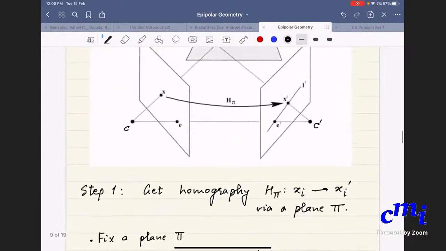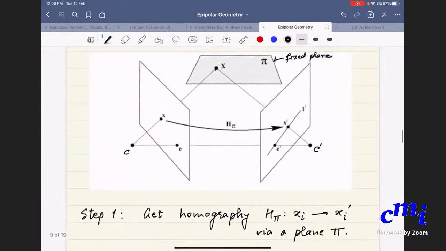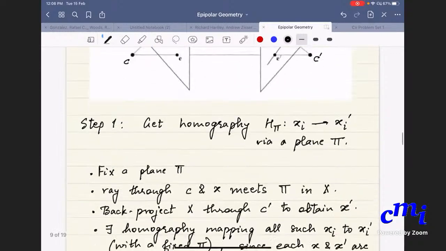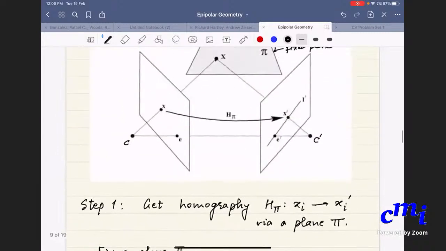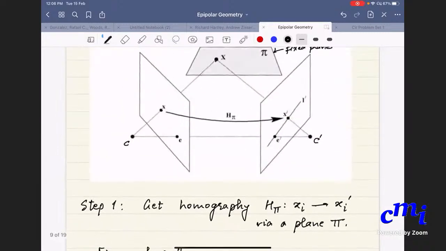I think this is where we were when the last meeting ended. I had talked about this homography between x and x prime, and to construct this l prime, now you know this epipole, and this homography, H pi applied to x, will give you this x prime.